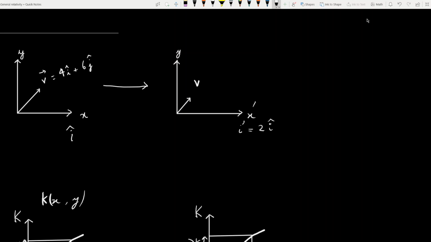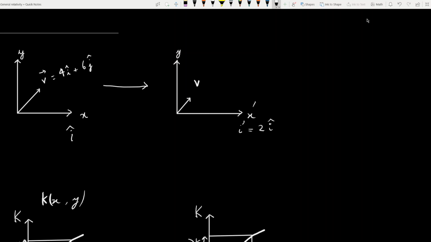Now if we transform this coordinate system using a linear transformation matrix and shift it to this new coordinate system, what happens to the vector v?